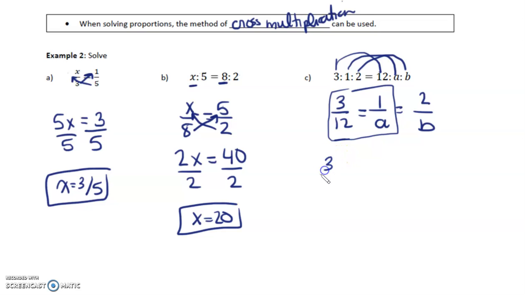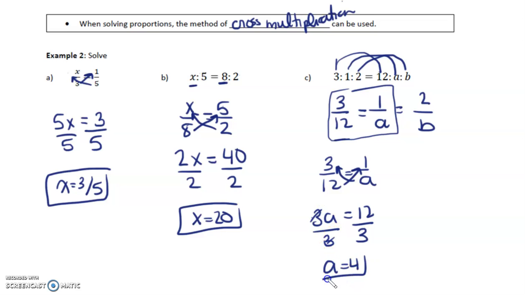So let's equate 3 over 12 equals 1 over A. Cross multiply up the 12, cross multiply up the A. We get 3A. Then we can divide out the 3. We get A equals 4.